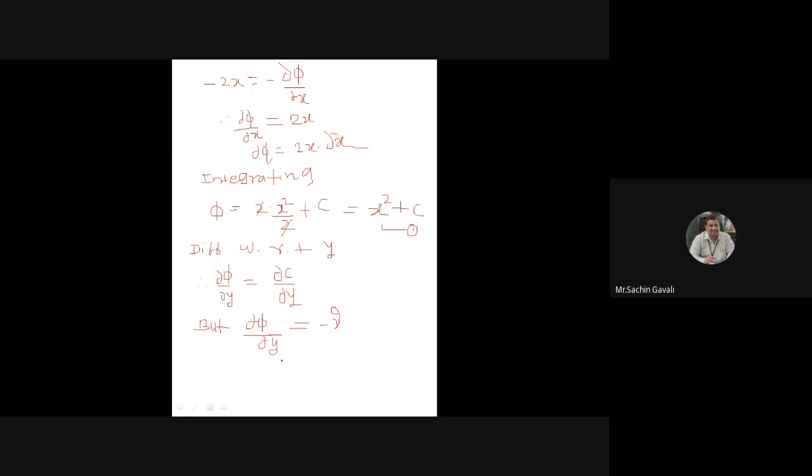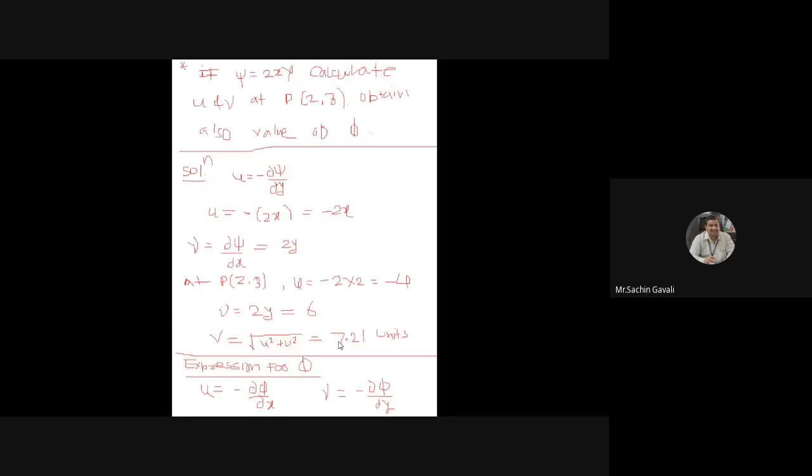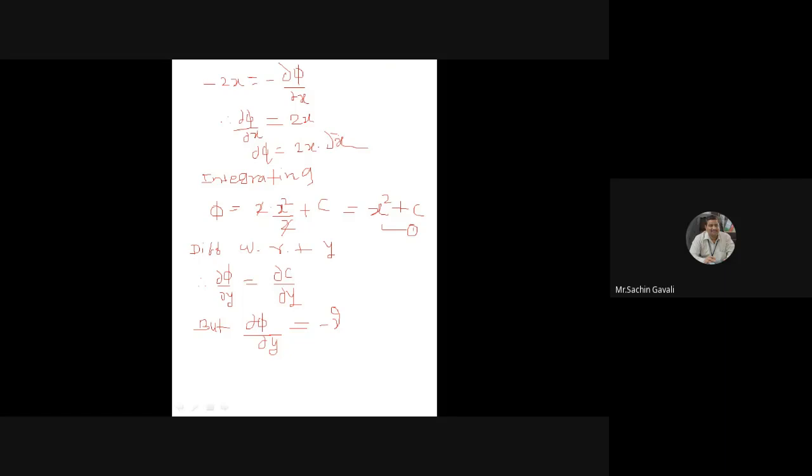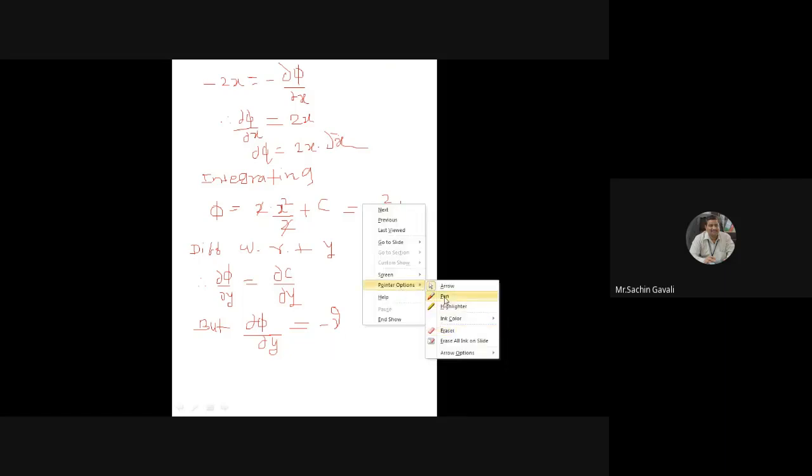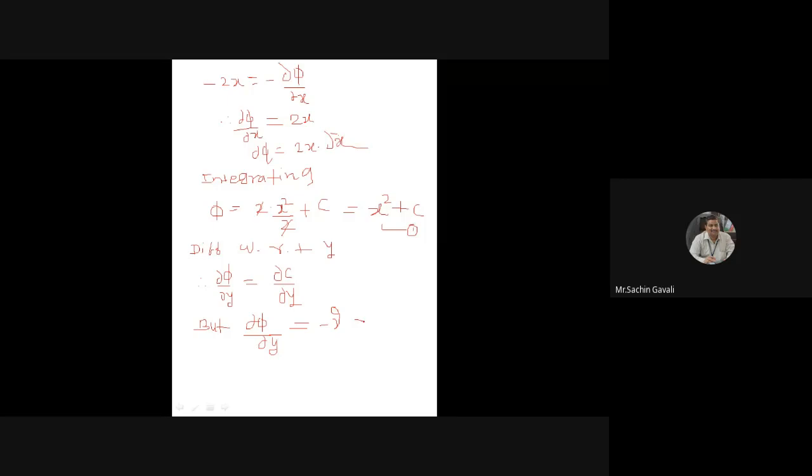Therefore dou phi by dou y will be minus v. What is the value of v now? v is 2y. Therefore it becomes equal to minus 2y.